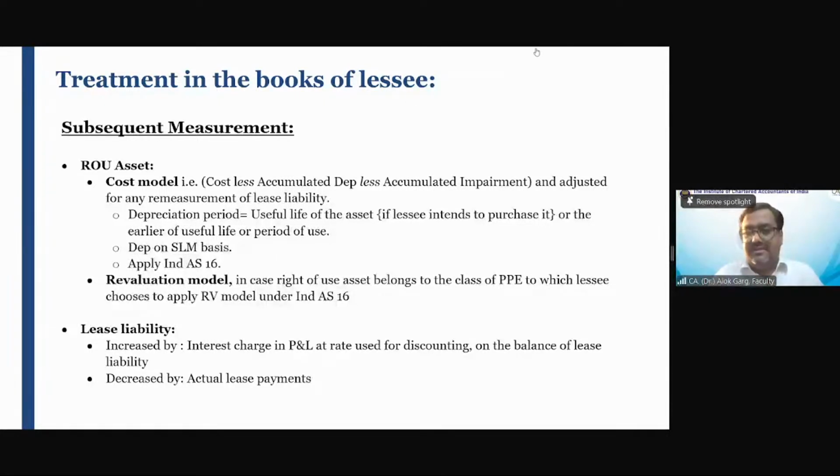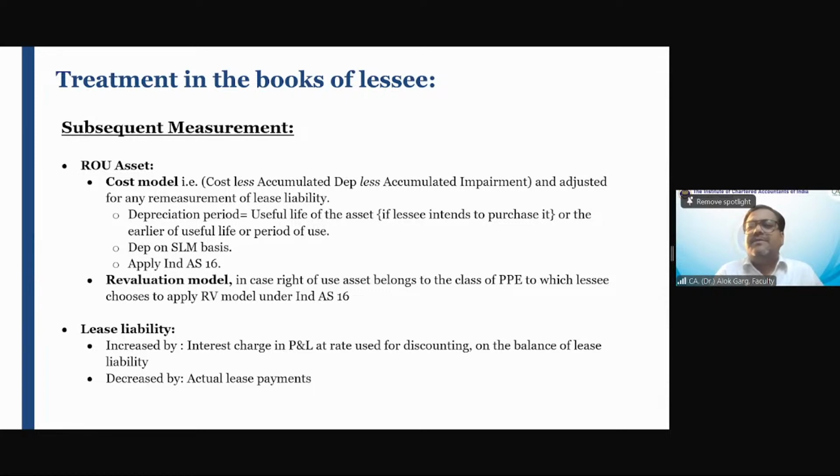What is depreciation? The standard says that depreciation depends on the useful life of the asset, right? Sir, what is meant by the useful life of the asset? Friends, if there is a purchase option available, in the case of an airline company, for example, an airline company has taken an aircraft on a lease basis for a period of 10 years, and there is a purchase option available to that company, right?